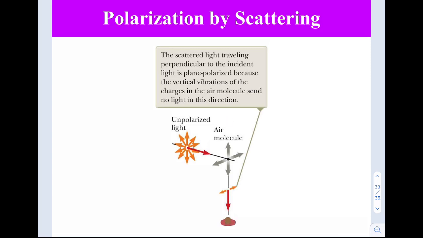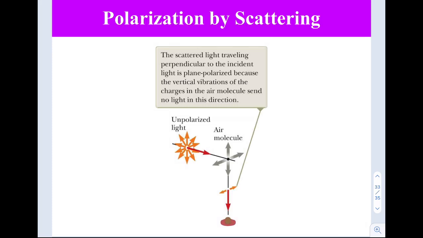We can observe this effect, called scattering, by looking directly up at the sky through a pair of sunglasses whose lenses are made of polarizing material. Less light passes through at certain orientations of the lenses than at others.